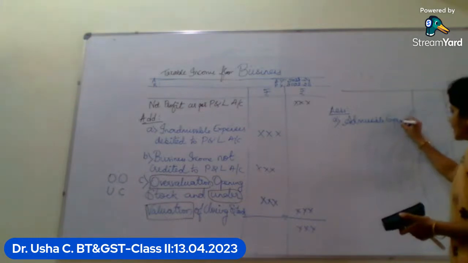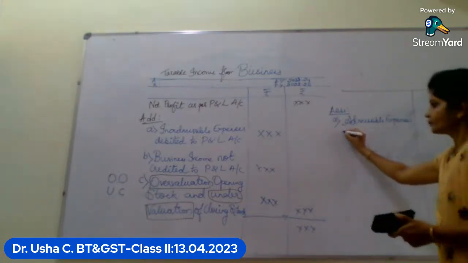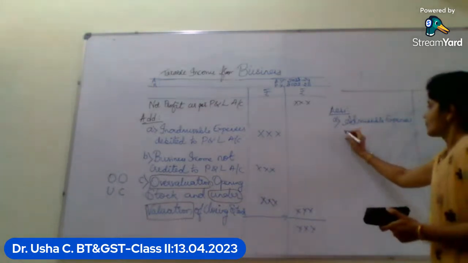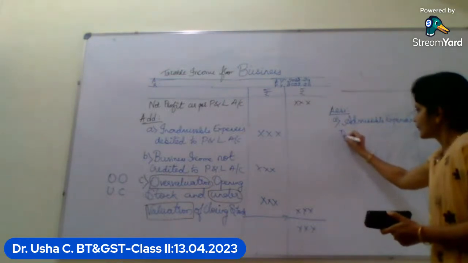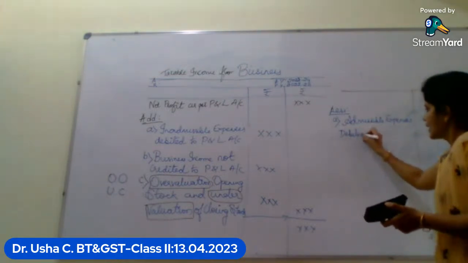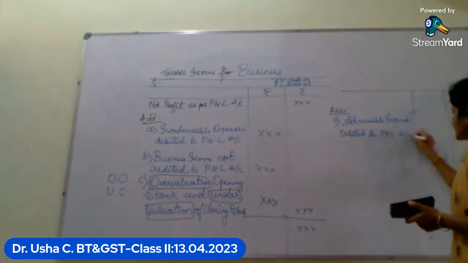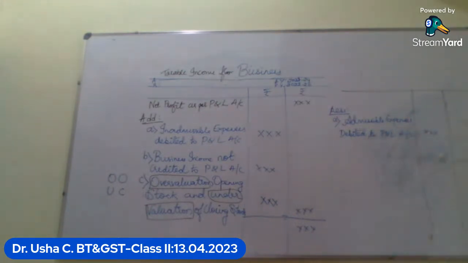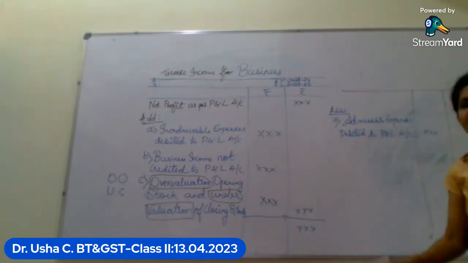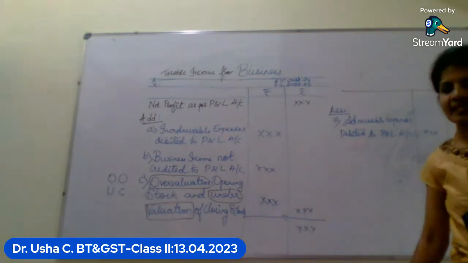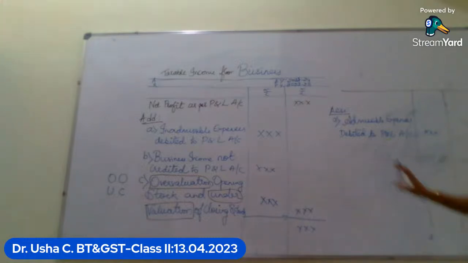Admissible expenses debited to profit and loss account must be deducted.